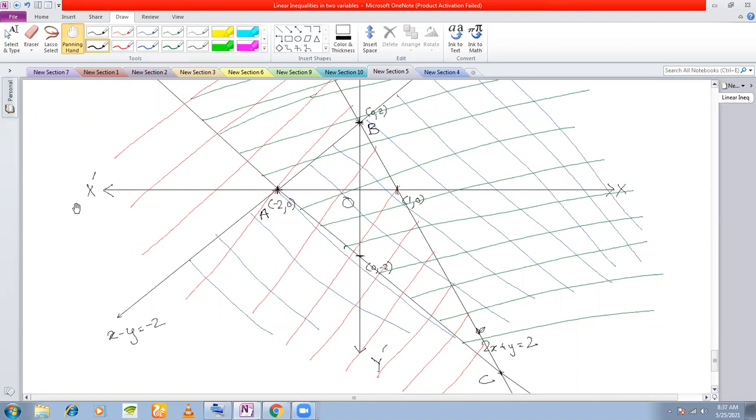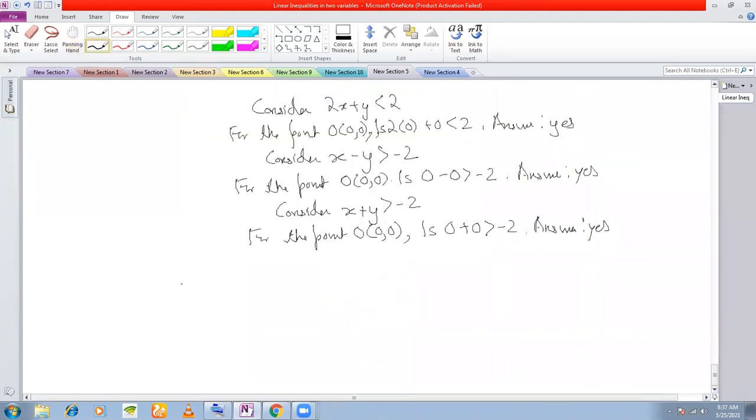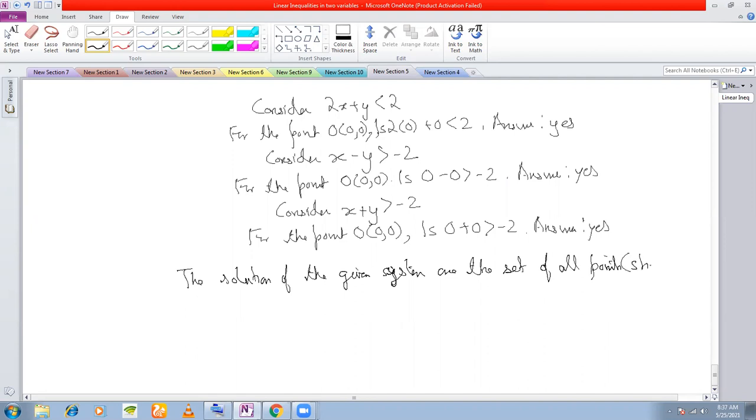So the common region lies, so the solution of the given system are the set of all points shaded above, inside the triangle ABC, except what?